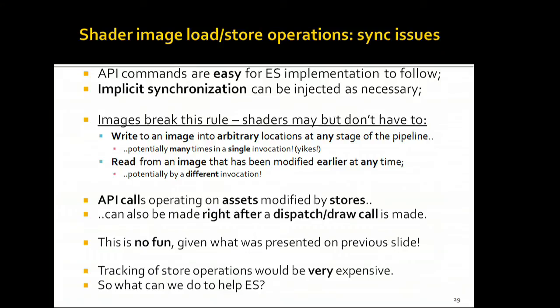If you look at how OpenGL and OpenGL ES used to work a couple of years ago, you would have noticed that it's only API calls that can actually alter stuff, that can modify the textures that are later accessed from your shaders or from the API. This meant that the implementation was absolutely fine to inject the synchronization wherever needed.